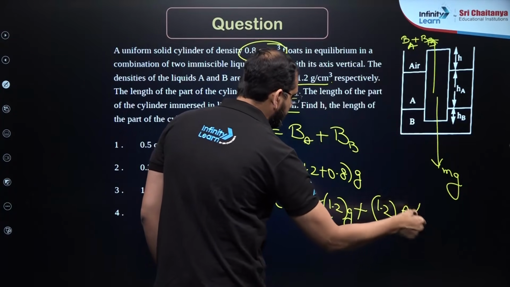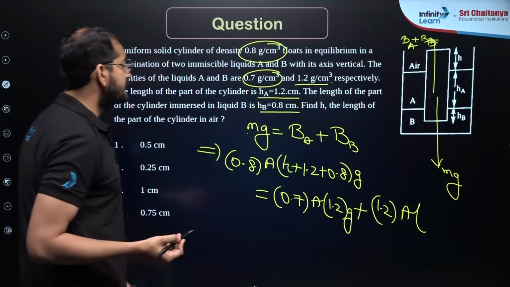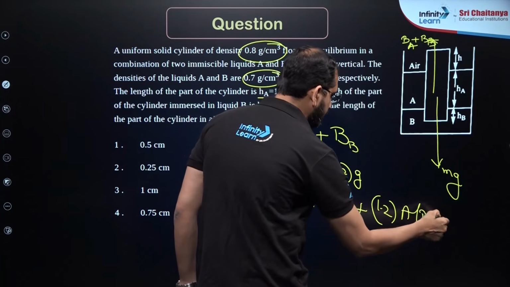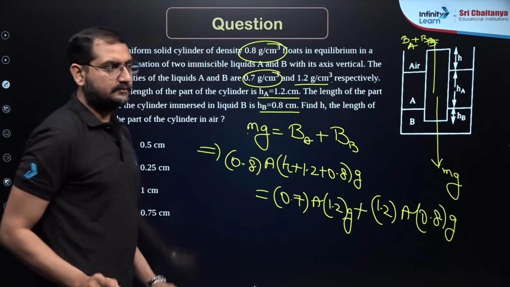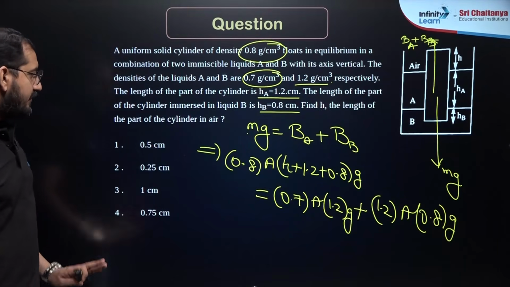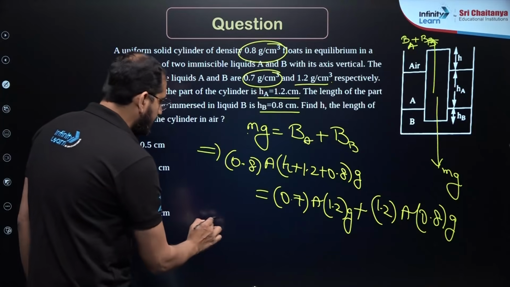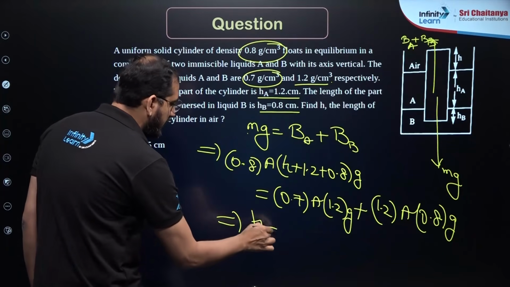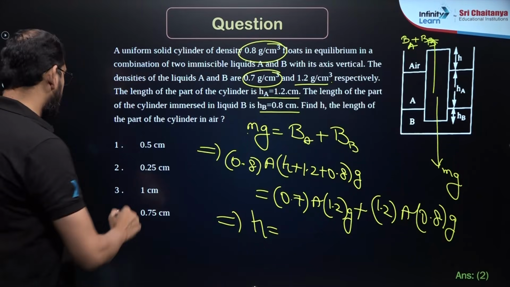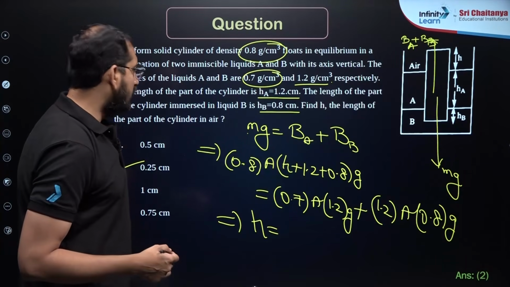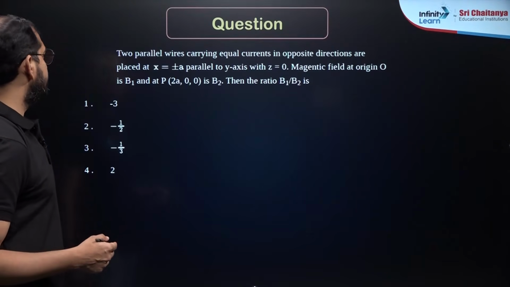Multiply by area and multiply by the height of the HB. So this portion is 0.8 into G. I hope all the values I have written here correctly. Okay. So very simple now. Just do the calculation and get the value of H, and hopefully your second option will be your right answer. Okay. Let's go ahead to our next question.